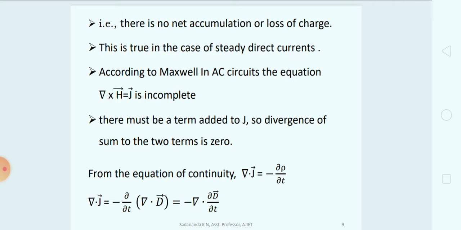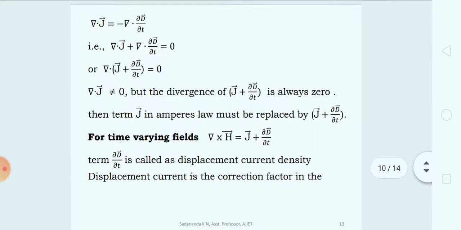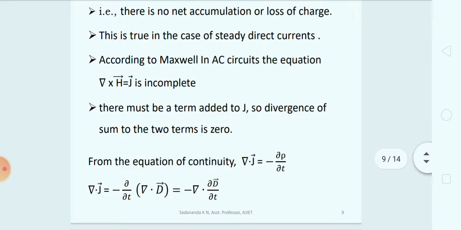So Maxwell concluded that curl of H equal to J is incomplete, and there must be a term added to the vector J, so that the sum of the two terms gives rise to zero divergence. Now using the continuity equation, the divergence of vector J is equal to minus dou by dou t of rho.